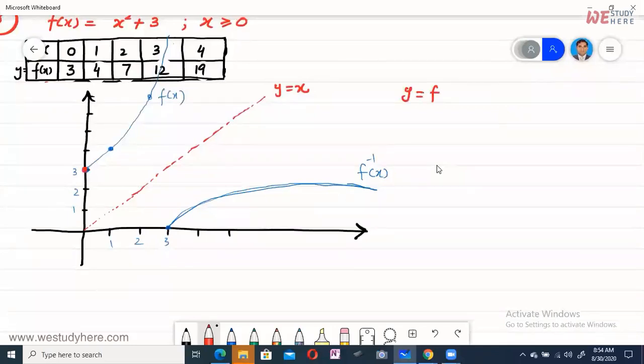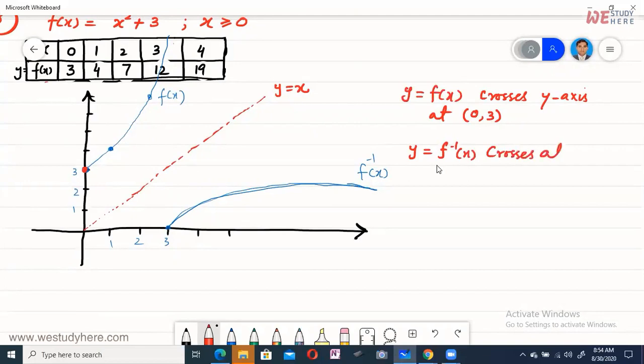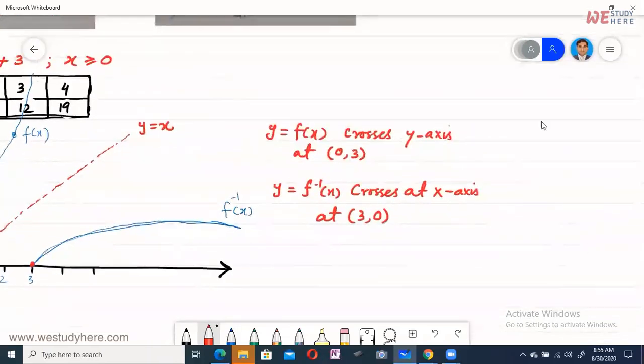Y is equal to f of x crosses the y-axis at x 0 and y 3, and y is equal to f inverse of x crosses the x-axis at this point, that is, x coordinate is 3 and y coordinate is 0. These are the points.